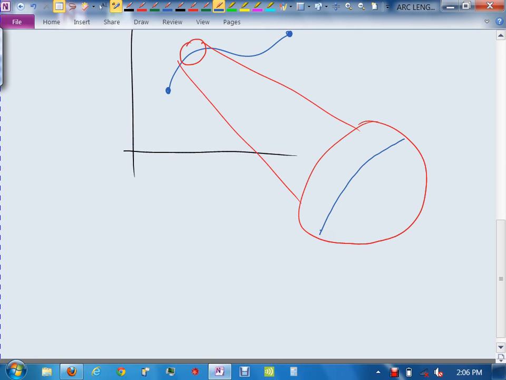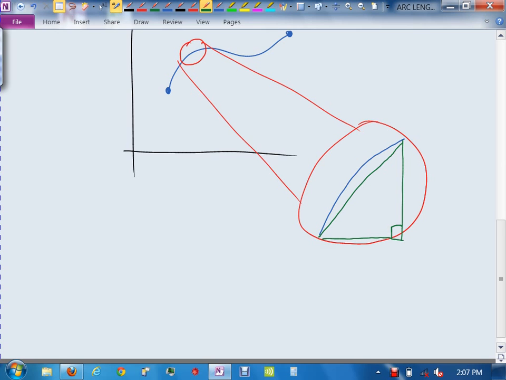Now, that section is approximately a right triangle. Approximately, right? Would you agree with that? Yes, it has a curve to it. So would you agree that there's going to be a bit of an error here?